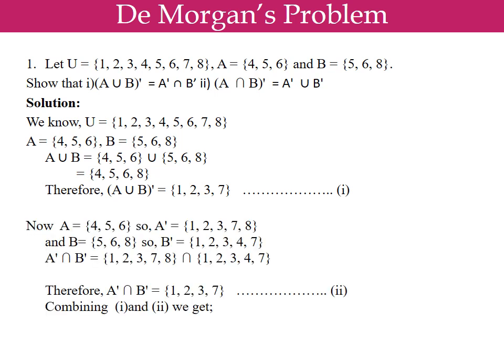For the RHS, A' means the value of A is 4, 5, 6, and its complement means you omit those values from U. The rest of the values are taken as its complement. Similarly, take B' and apply intersection between A' and B'. We get 1, 2, 3, 7 as our answer. Comparing equation numbers 1 and 2, is it the same or not? Yes. So the first one is proved.